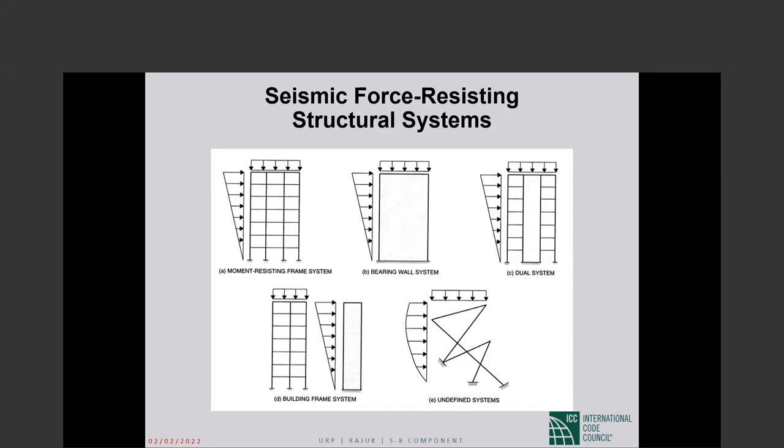Okay, now we have ordinary moment frames. So first of all, that's the definition of a moment resisting frame system. You can do it in concrete, you can do it in steel. In masonry, there is no moment resisting frame system.